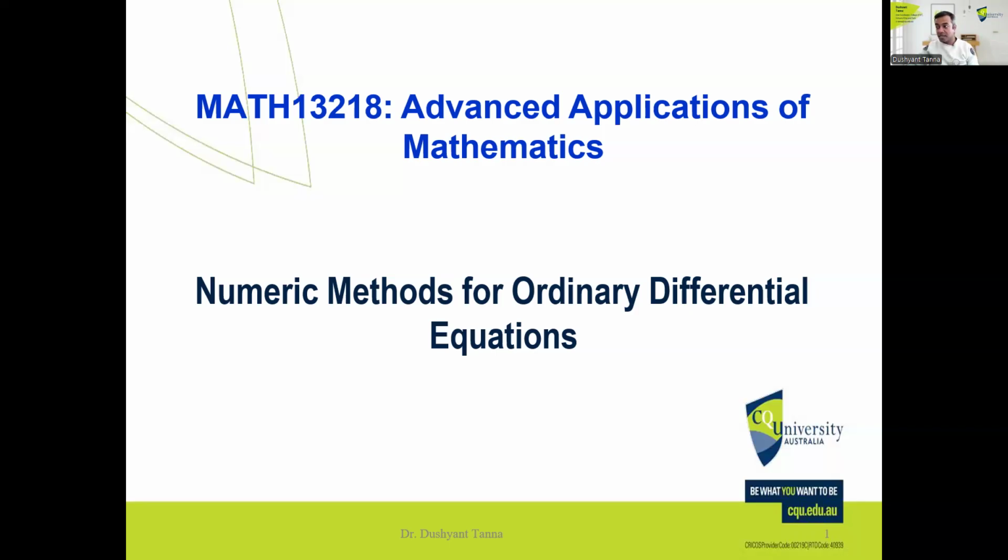As you can already observe, many of you are struggling to go through those steps. Even in real life, you end up in a situation where you cannot integrate it. What will you do then? Then you have to come up with some technique where you can integrate it very easily. And numerical method is one of such beautiful techniques.